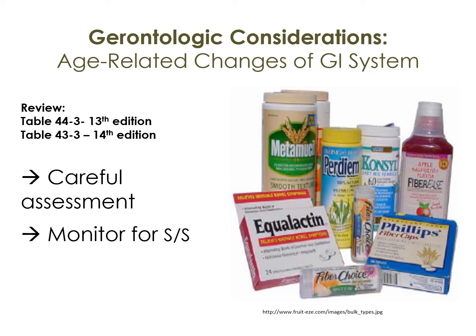Sometimes they have a weakened gag reflex. With regards to stomach, there's atrophy of the gastric mucosal surfaces, decreased production of hydrochloric acid, and decreased production of digestive enzymes, decreased motility and emptying.